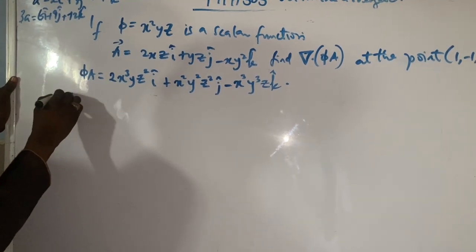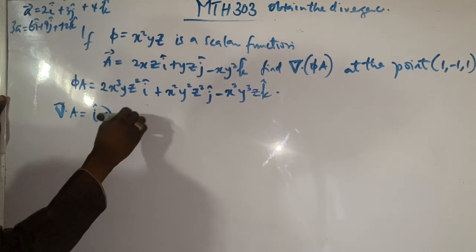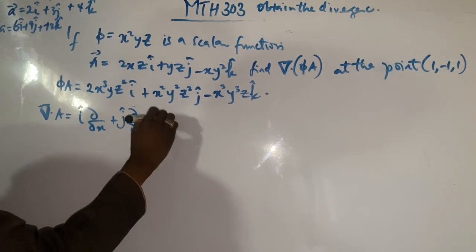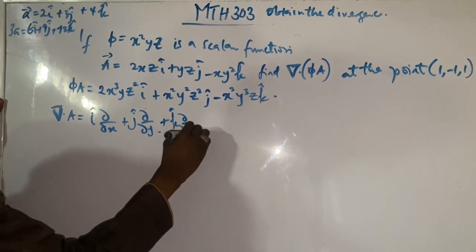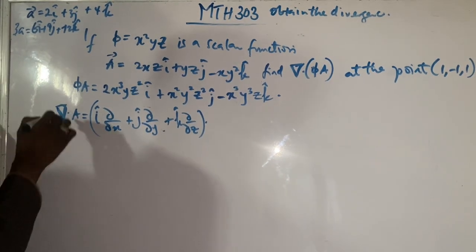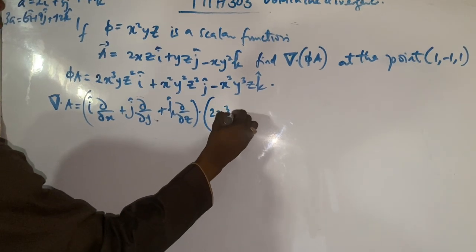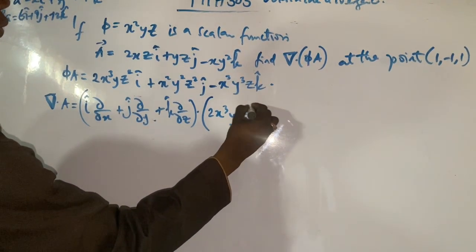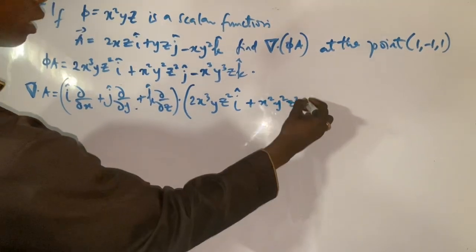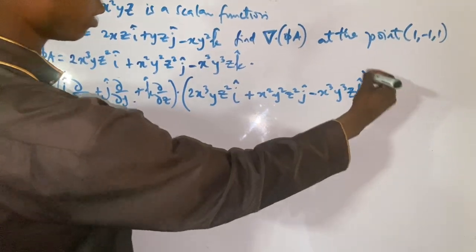Divergence of phi A must be equal to i del x plus j del y plus k del z, dot product, that is the meaning of divergence. Dot product with what? Phi A. What is phi A? 2x cubed yz squared i plus x squared y squared z squared j minus x cubed y cubed z k.